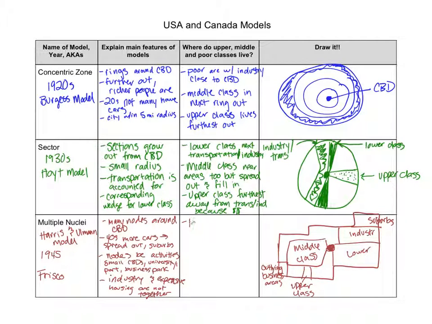So your lower class is near the manufacturing and industry, like in the other ones. Your middle class is pretty much near the CBD, but not next to the industry. We can put that down, not next to industry.